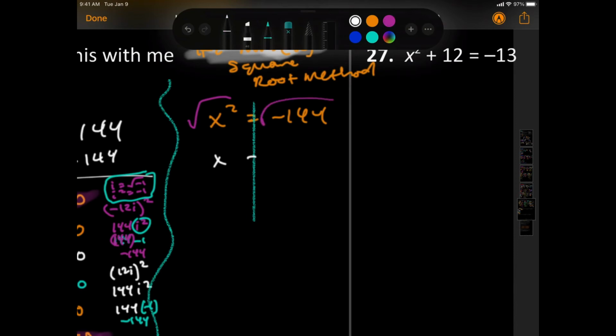You're left with x equals, now you have to do the plus or minus, the factors of negative 144, and negative 1 times 12 times 12, right? And then the square root of negative 1 becomes your i on the outside. And then you have a pair, so those can come out. So our answer is x equals plus or minus 12i.